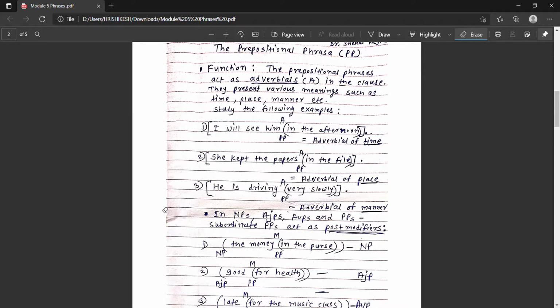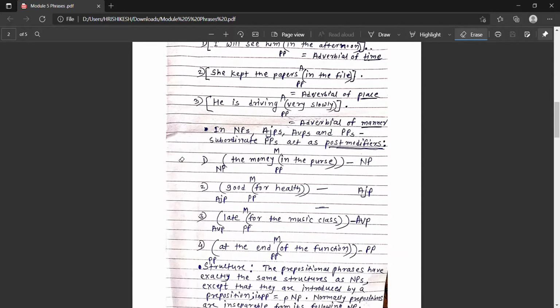So I have told you that this third example is not proper here. We have to remove this for adverb phrases. The first two examples you can focus on for the function of prepositional phrases as adverbials.